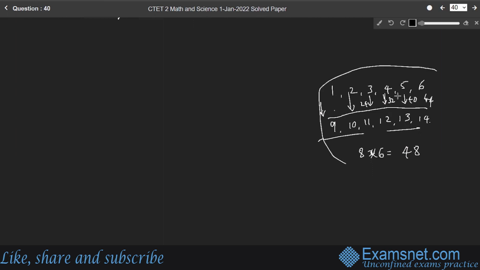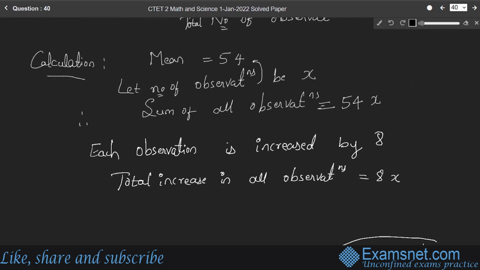So similarly, here each observation, when it is increased by 8, total increase in all observations will be 8 into x.